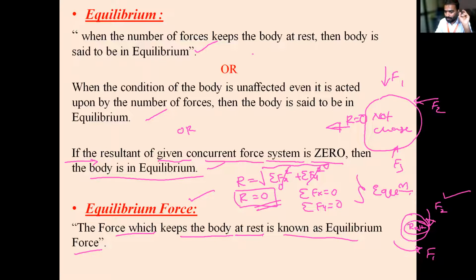The Earth is rotating initially, another force is applied, and the Earth will stop its rotation. What can we call that external force? That is the equilibrium force. The force which keeps the body at rest is known as equilibrium force.